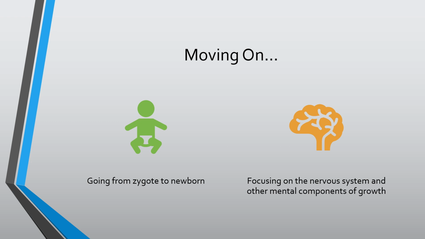We're going to discuss how we go from that single cell into a newborn, and we'll do this by focusing our attention, especially in the second part of this lecture, on nervous system things, the brain and other characteristics linked to the brain that allow the mind to form as we're physically developing. We'll also spend a little bit of time talking about some things that can disrupt this path of development, so we can have a more holistic view of not only the arc that we go through, but what happens when that arc is thrown off.